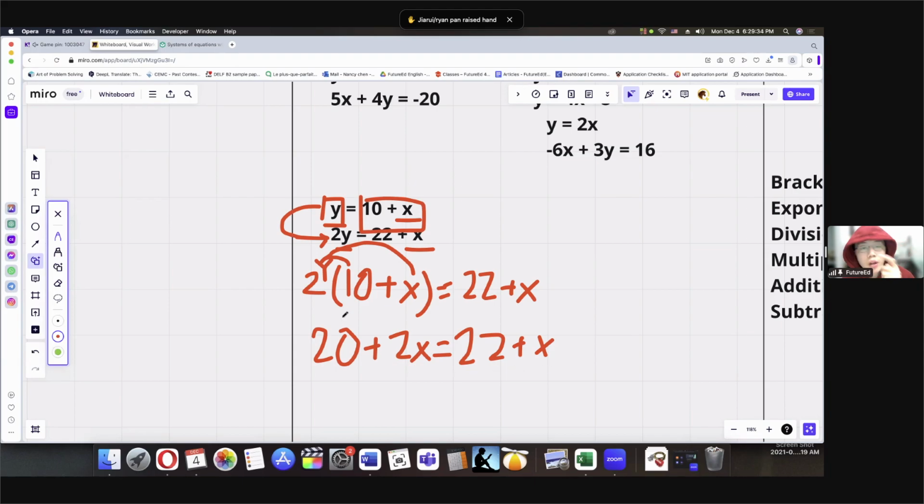Do we just want to shoot Angry Birds out and substitute teachers? What's all this for? To figure out what x is. Exactly. We want to figure out what x is. So, how are we going to figure out what x is? 20 plus 2x is equivalent to 22 plus x.